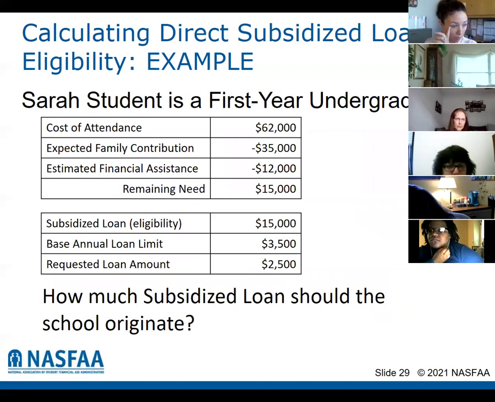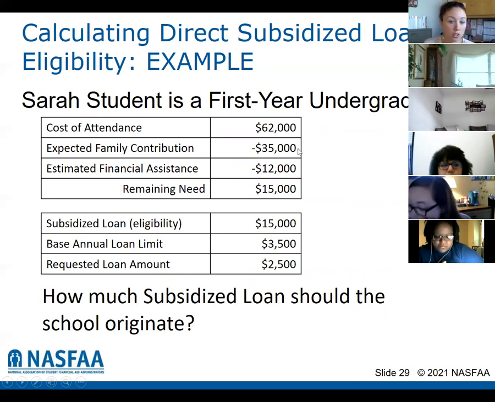So here's an example. We've got Sarah, a student. She has a cost of attendance of $62,000. She has an expected family contribution of $35,000 when her parents completed the FAFSA with her. This is her EFC. And then she also got a $12,000 annual scholarship from the institution, a merit-based scholarship.